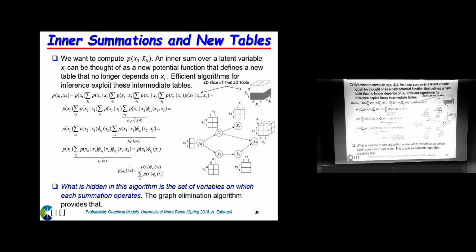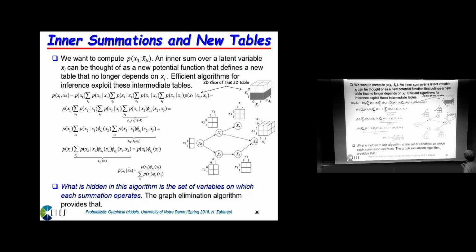So let's see how this evidence is going to come in various ways on these summations. Let's say, what does it say here? We want to compute P of x1 given the evidence x6, okay? So we observe x6, and we want to find the conditional of x1 given x6.